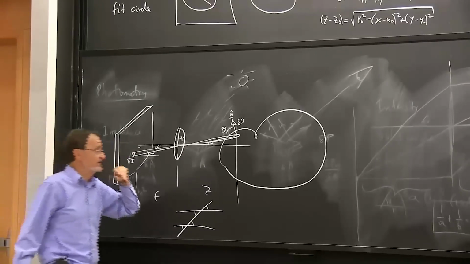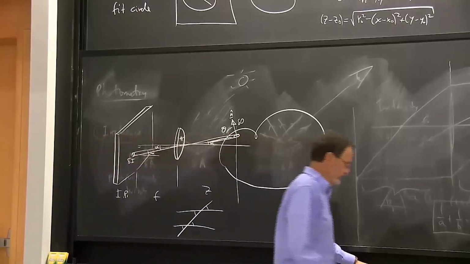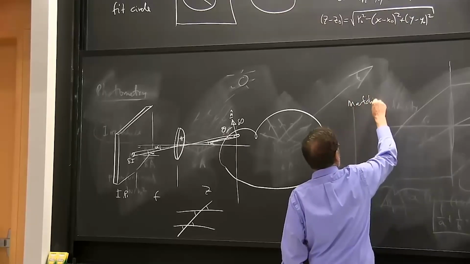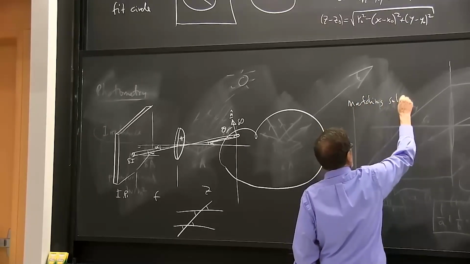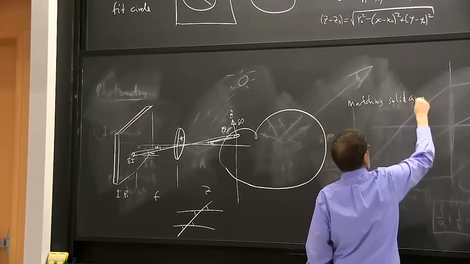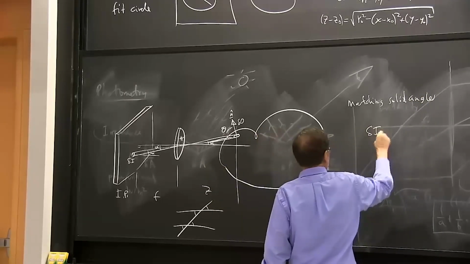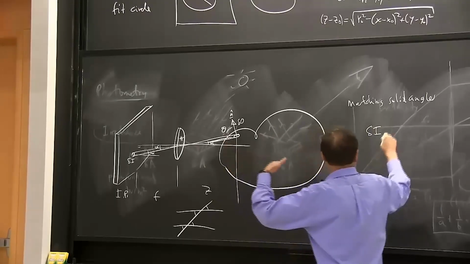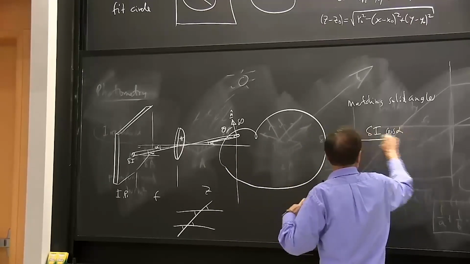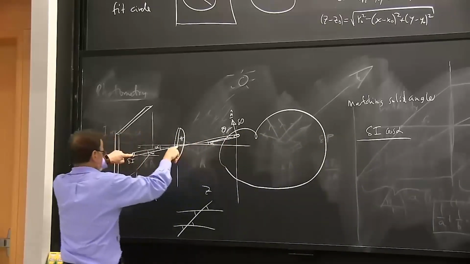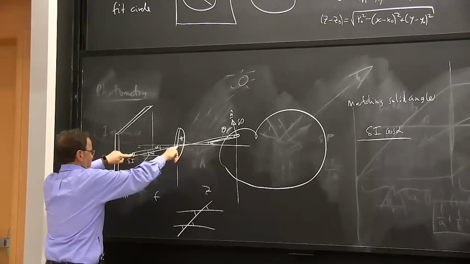Okay, so now I can use that formula I had for solid angle. On this side, the area is delta I, and then there's a foreshortening effect, cosine alpha. And then I have to divide by the distance squared. So that's f squared, or maybe not.